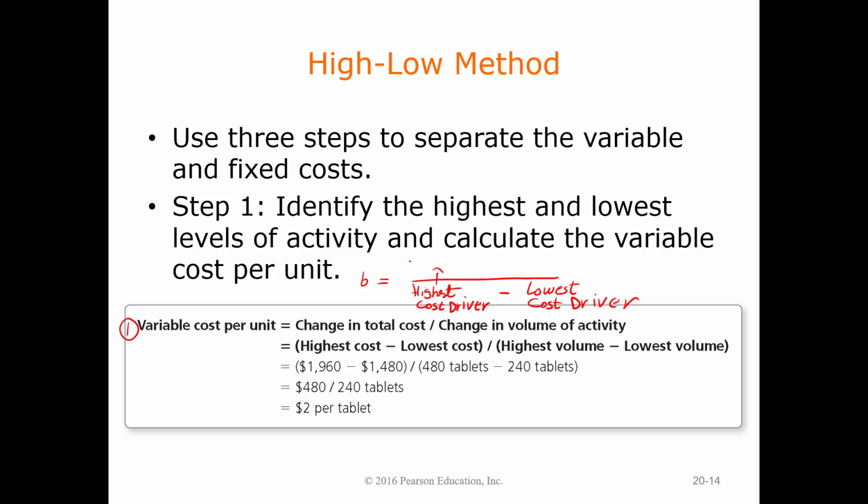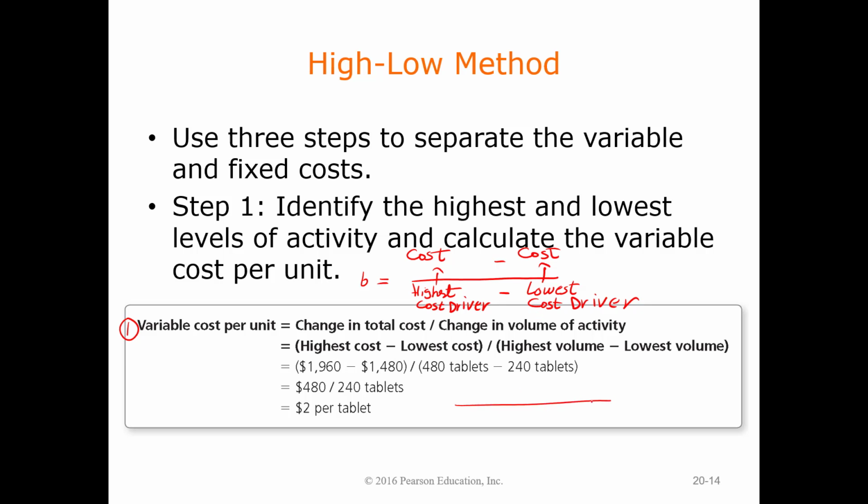And here I will use the cost corresponding to the highest and the cost corresponding to the lowest. I didn't say the highest cost or the lowest cost. I said I selected the highest cost driver, then I got the cost that is corresponding to it. And then I selected the lowest cost driver, then I selected the corresponding cost. And this is what I did.